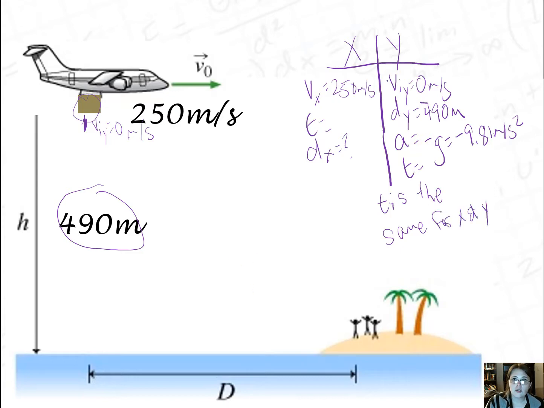So to solve this, we have initial velocity, distance, acceleration, and time. That is going to be d equals v_i t plus 1/2 a t squared. This initial velocity is 0. And we should follow our subscripts. So this is d_y is equal to 1/2 a t squared. And then we just solve for time.